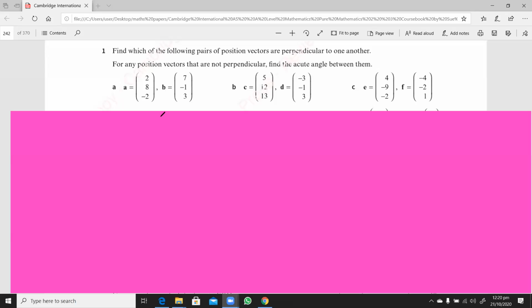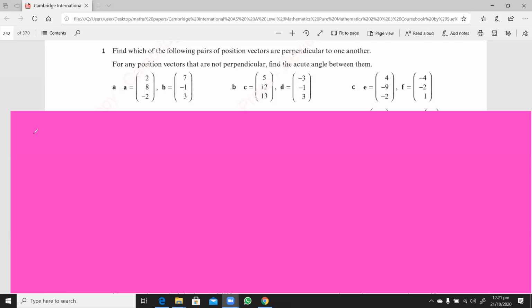In this first question, we have to see if the given vectors are perpendicular to each other. We have just discussed that if two vectors are perpendicular, the dot product should be 0, because perpendicular means there is a right angle between them, and cos 90 is 0.